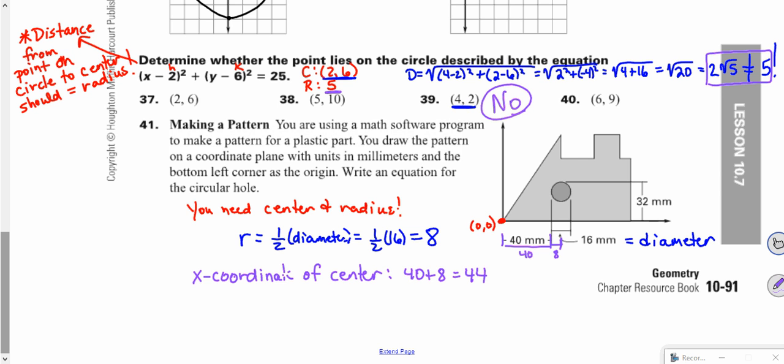Whoops, and then I just wrote 44. 40 plus 8, or 48. Okay, so these two numbers get you 2/3 of the way there, kind of. Now you'd have to find the y coordinate of your center. And then once you have your center coordinate, you can write the standard equation of the circle. Okay, so these are my hints for you.